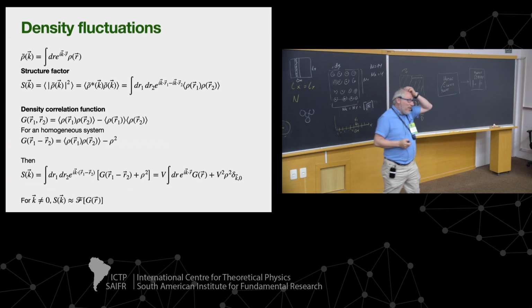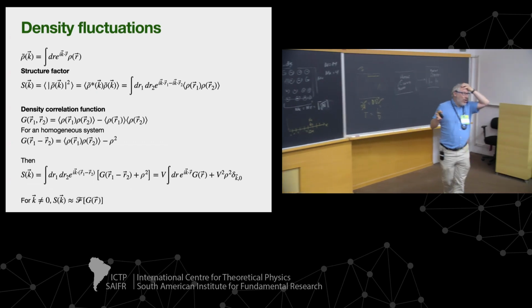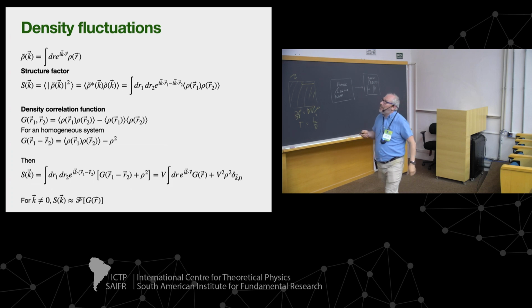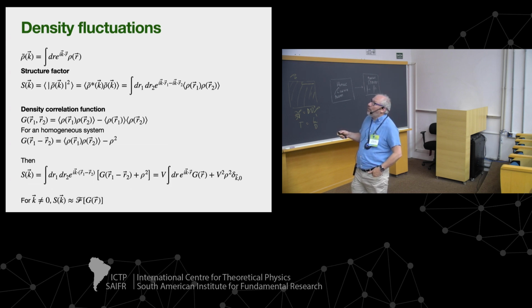But for the structure factor, there's a nice relation, and it's going to give you some insight on the system. So this is the Fourier transform of the density. So the structure factor, as I define it, is the variance of the amplitude of the mode. So the absolute value squared is the same thing as the complex conjugate times rho. Each rho is an integral.